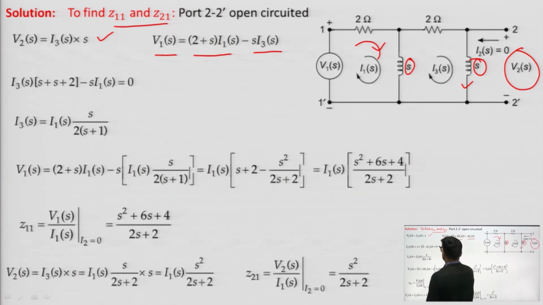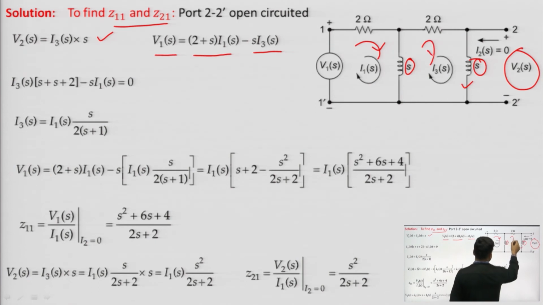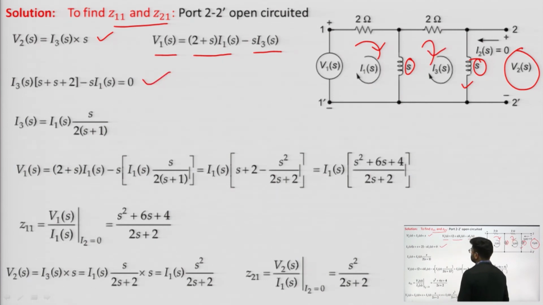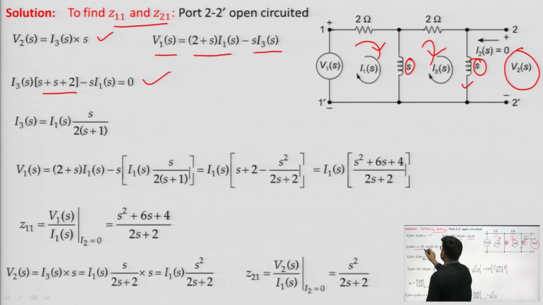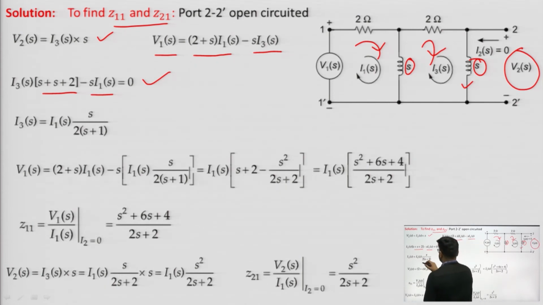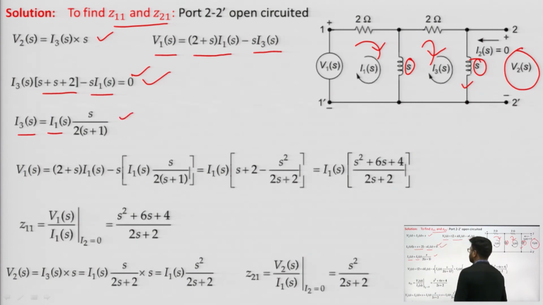Now applying KVL in loop 2, that is this one, we obtain our equation: I3(S) into (2S plus 2), that is S plus 2 plus S, minus S into I1(S). Now we obtain the relation between I3 and I1 from this equation. We will get the value of I3 in terms of I1.